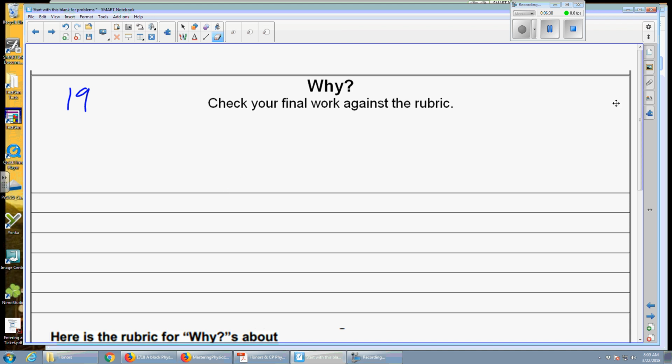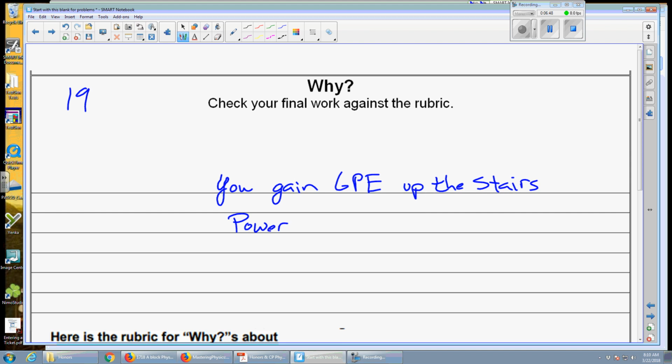Not V, but U. Gain gravitational potential energy up the stairs. Power is the rate you gain energy. That shows me you understand everything.